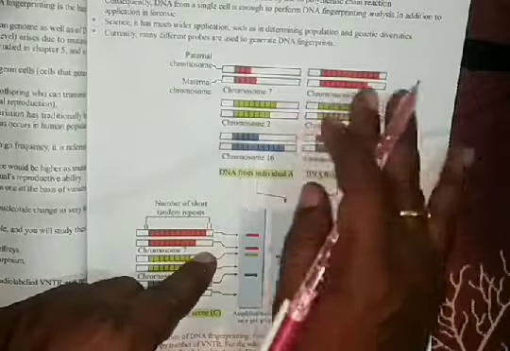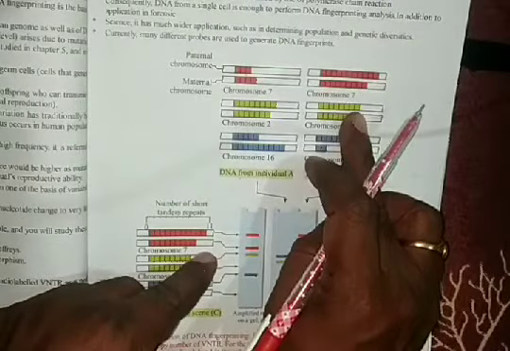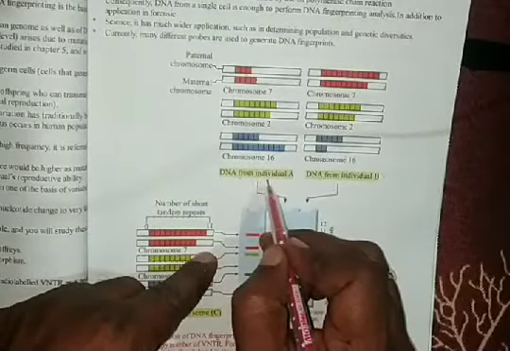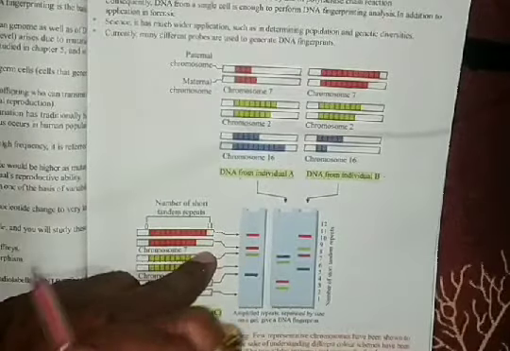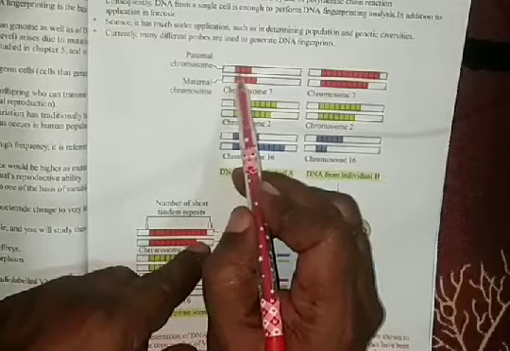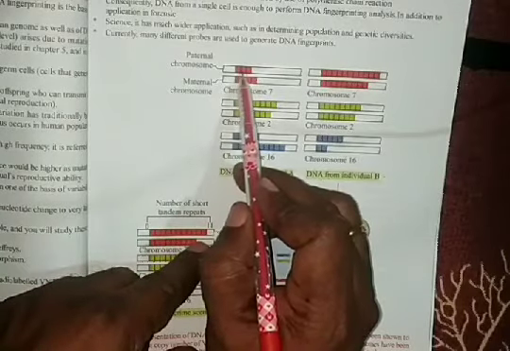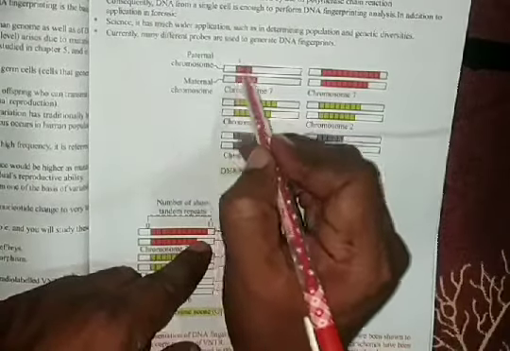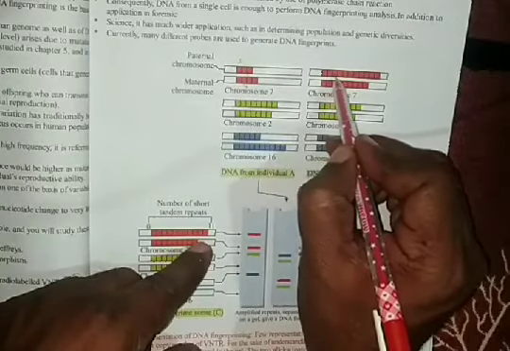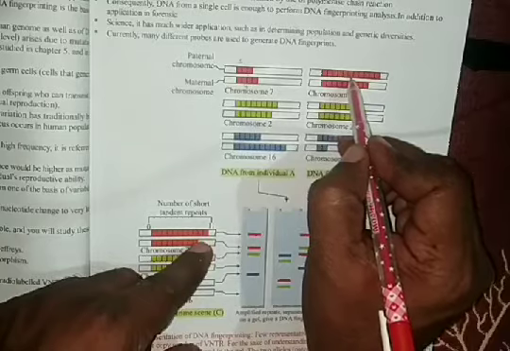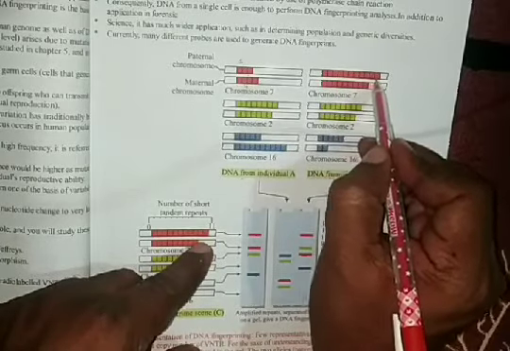These are the chromosomes of suspected individuals A and B. They have a variable number of tandem repeats: here 3, here in this chromosome 4, in this chromosome 11 tandem repeats.